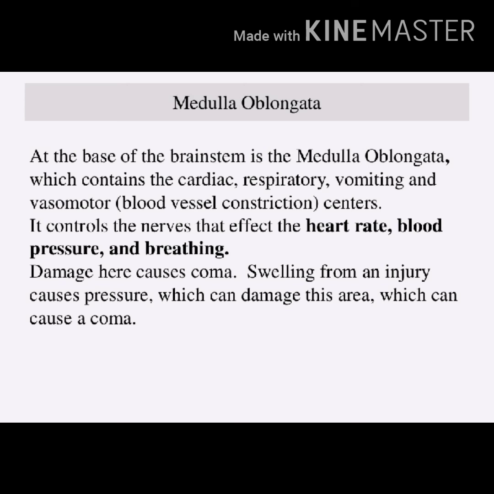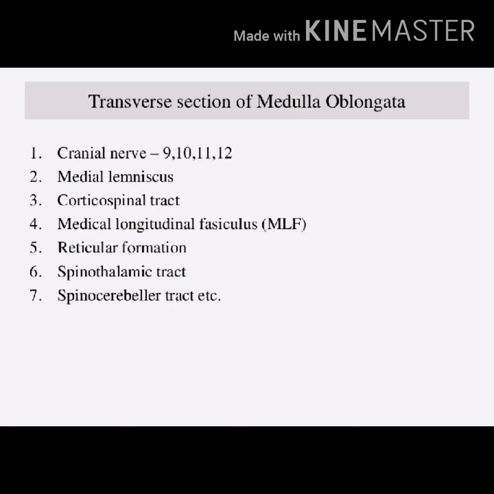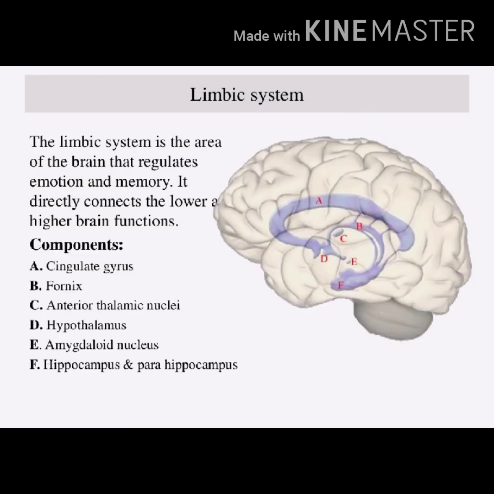Swelling from an injury causes pressure, which can damage this area and cause a coma. Transverse section of the medulla oblongata: it contains cranial nerves 9, 10, 11, 12, and medial lemniscus, corticospinal tract, medial longitudinal fasciculus, reticular formation, spinothalamic tract and spinocerebellar tract.